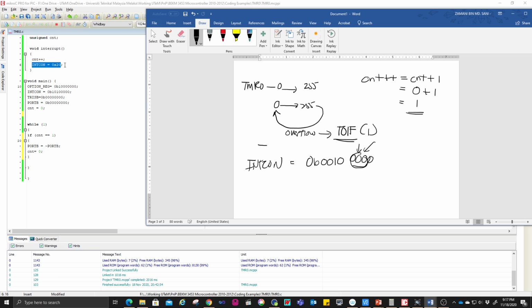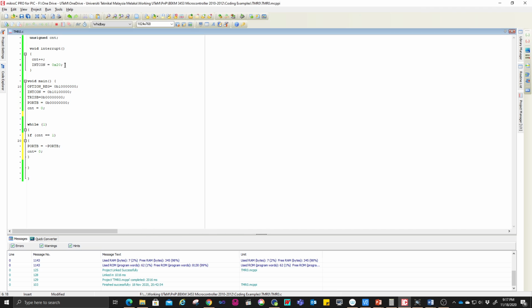This is cleared by software. So once this count 1 is complete, it will go back to this while loop, then start to check the count again.